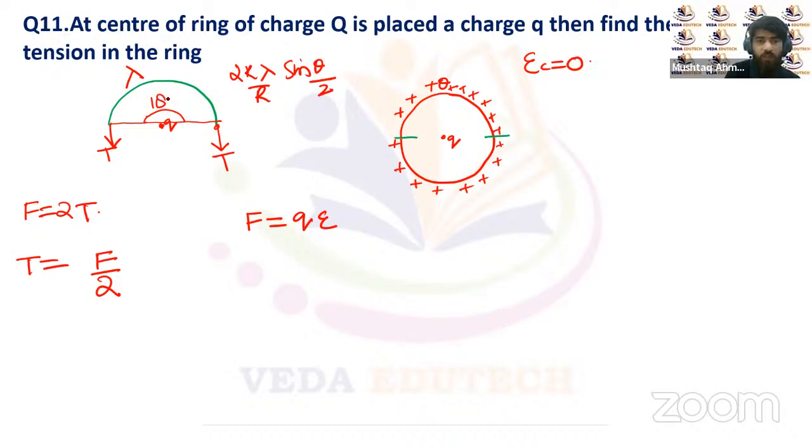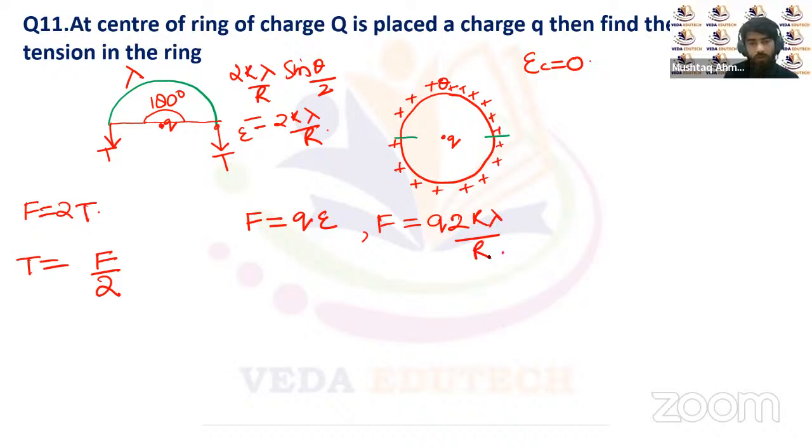Now the angle here is 180 degrees, so 180 upon 2 will be 90, and we are left with the field equal to 2k lambda upon r. So the force F will be Q multiplied by 2k lambda upon r.